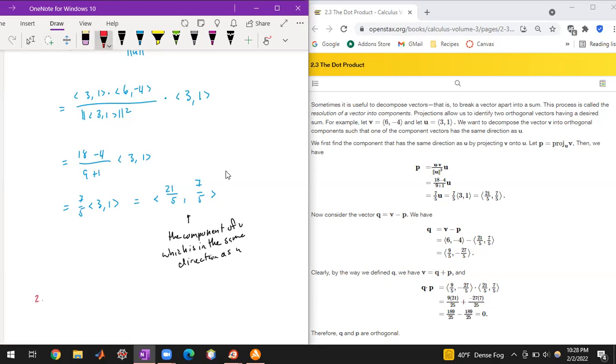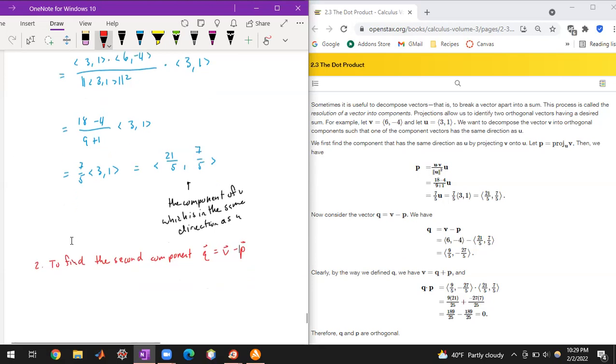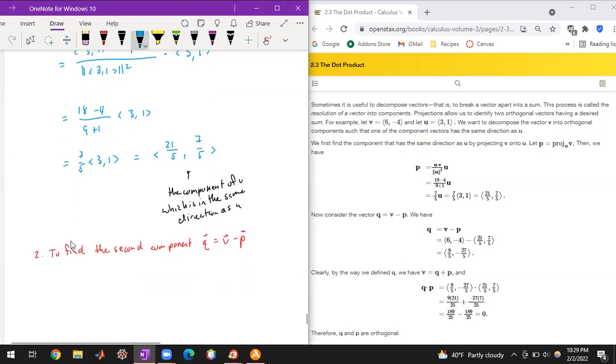So step 2 is to find the second component. We're looking for q, which is equal to v minus p. So our second component equals our vector v minus what we calculated up above.